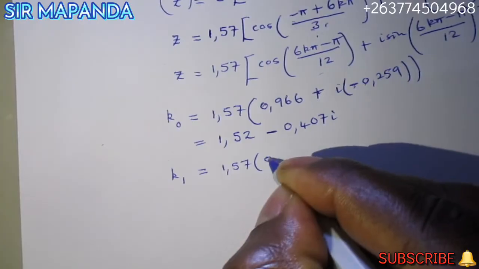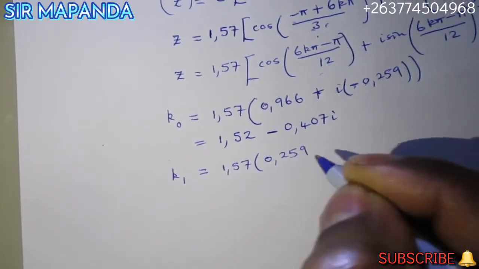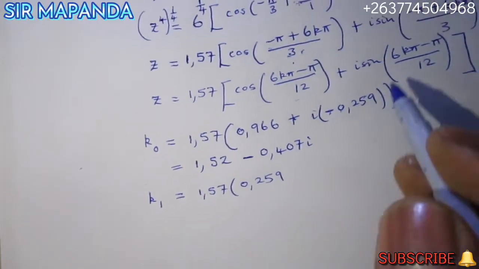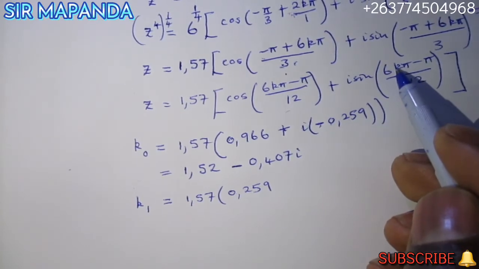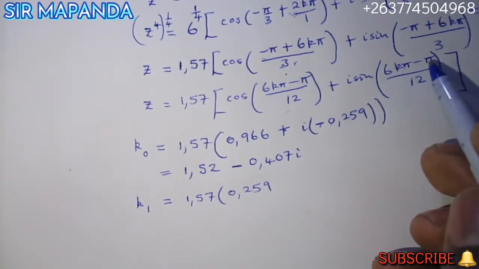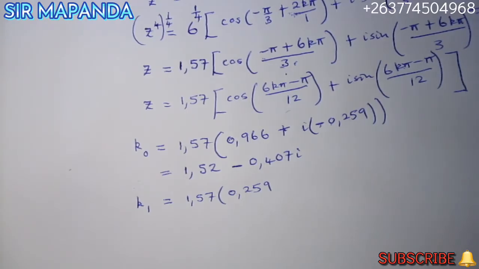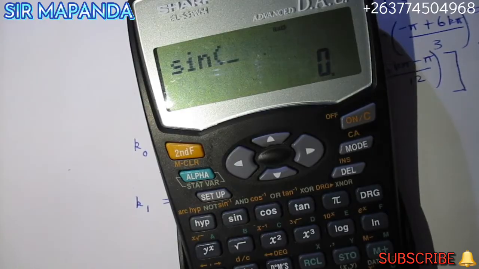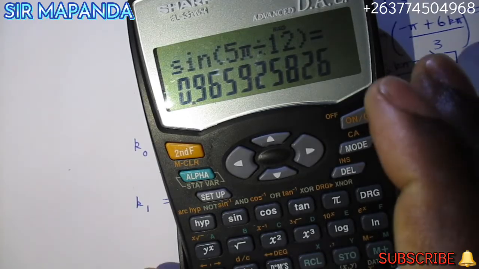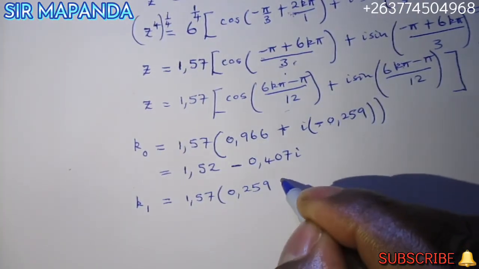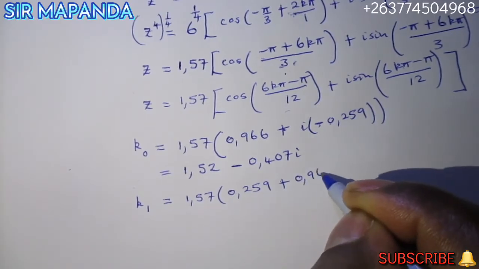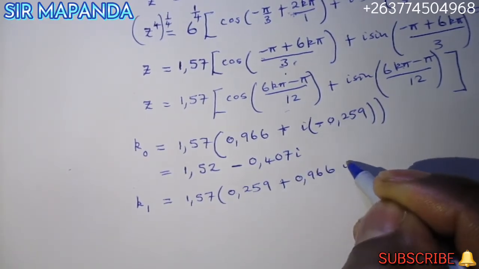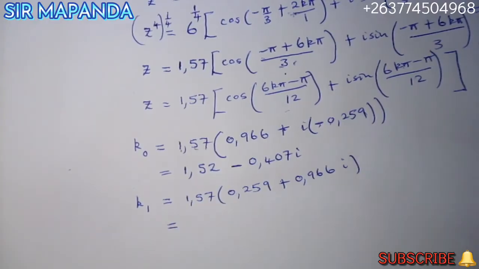So I'm going to write 0.259 here. Then sine 5 pi over 12, you get 0.966. So plus 0.966i, something like this.